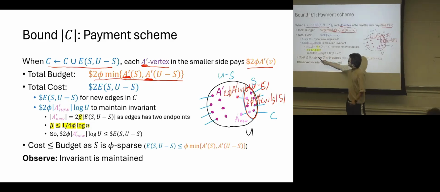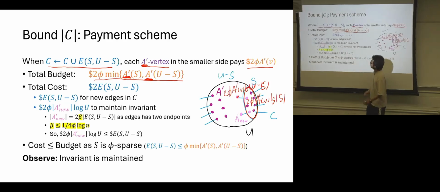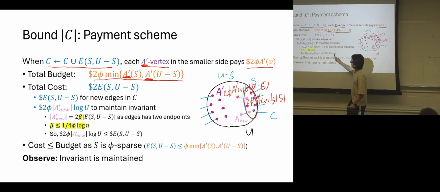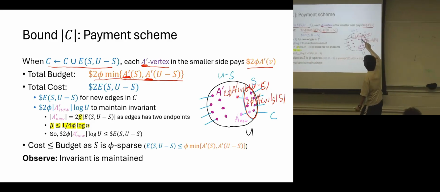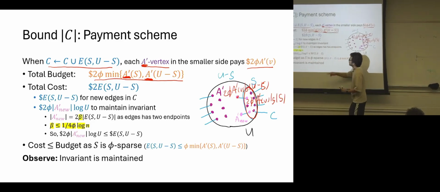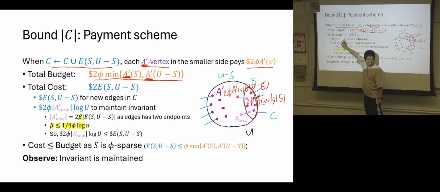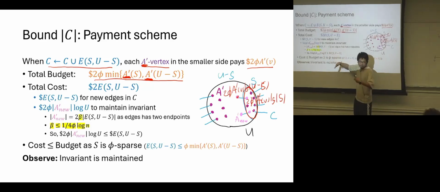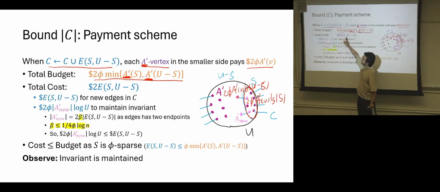You get that this is at most this much. Make sense? So the total cost to pay for the new node weighting is still at most the cut size. In total, you pay for the real cost here, which is the cut size, and pay for the invariant, which is another cut size. So in total, it's just 2 times this thing.